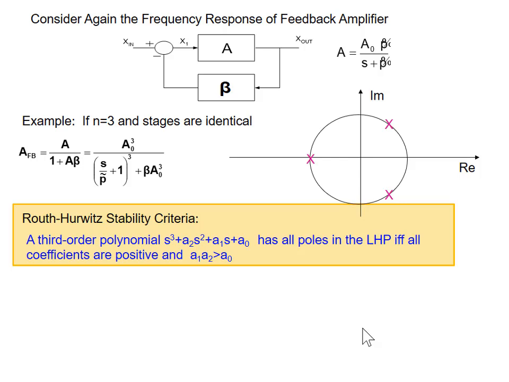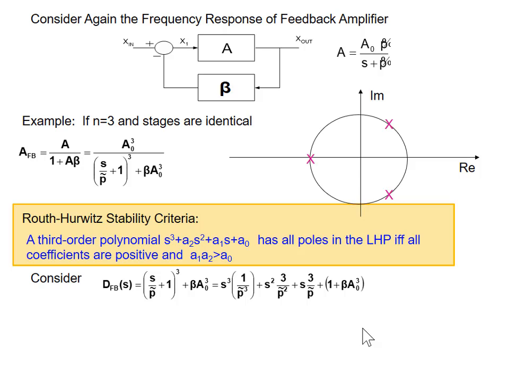If all the coefficients are positive, and if the product of the inner 2 terms is bigger than A0, then the poles are in the left half plane and it'll be stable. Of course, we want a lot more than stability when we're building an amplifier, because if an amplifier has poles that are close to the imaginary axis, it's still not a good amplifier. So this is a long way from being sufficient for telling whether we have a problem with an amplifier or not, but it is a way to tell that the amplifier won't oscillate.